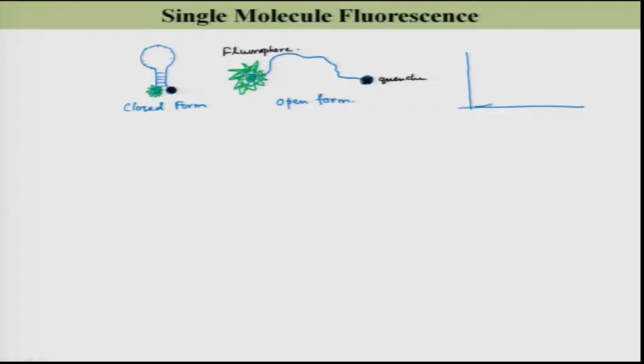what you are going to see is, let us say this is the fluorescence spectrum of the closed form, lambda emission versus intensity, this is the closed, and let us say this is the fluorescence intensity of the open form.